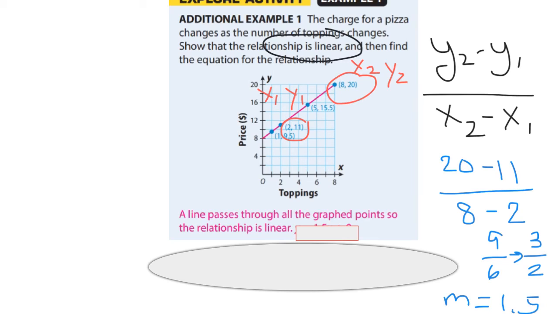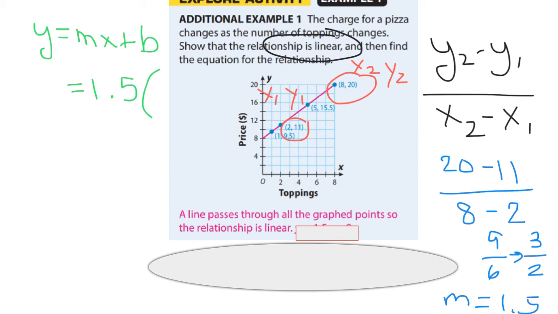Alrighty, so now we want to find the intercept. So we have our m, now we want to find our b. So y equals mx plus b. I know my slope is going to be 1 5/10. Now you can choose any ordered pair you want here.